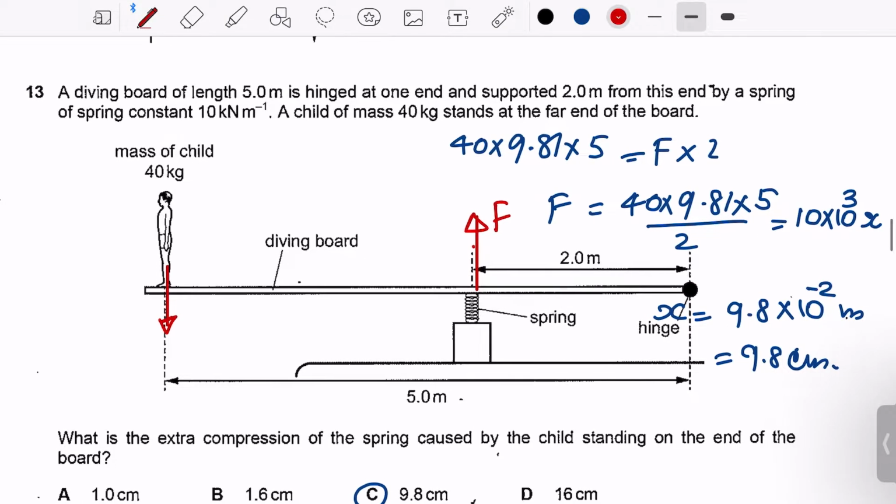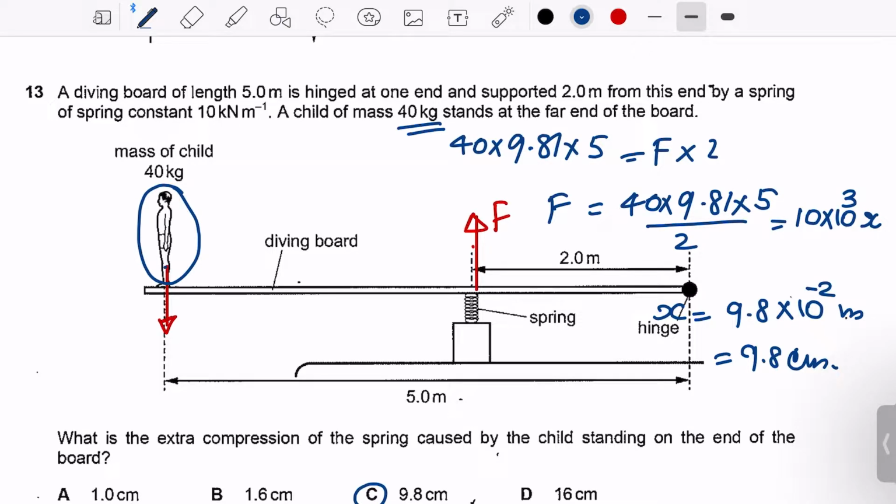Now this is talking about a child of 40 kilograms who stands at the edge of this diving board. Of course the board has a weight, the spring has a force, there's a hinge force. We don't care about any of these things. We are thinking about what extra things will happen when the boy stands at the edge.